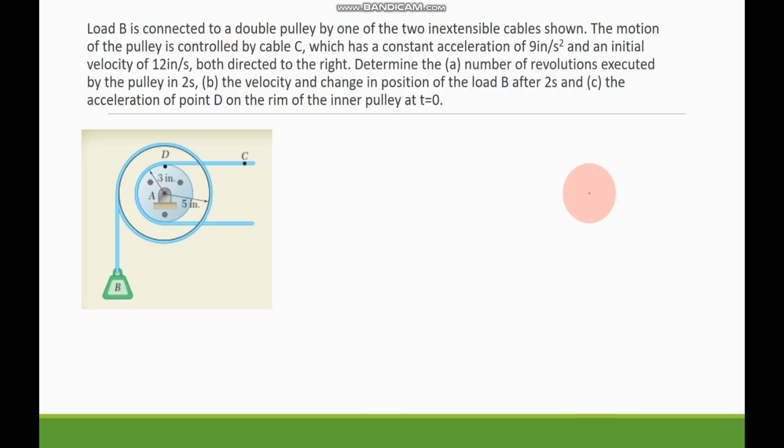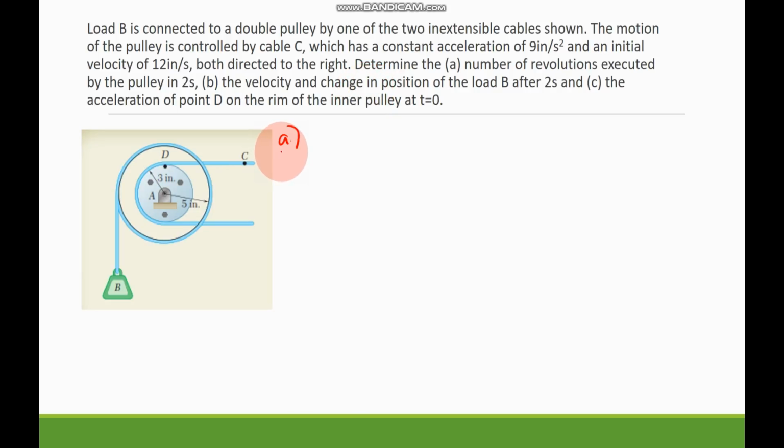Determine the number of revolutions executed by the pulley in 2 seconds, the velocity and change in position of the load B after 2 seconds, and the acceleration of point D on the ring of the inner pulley at t equal to 0.